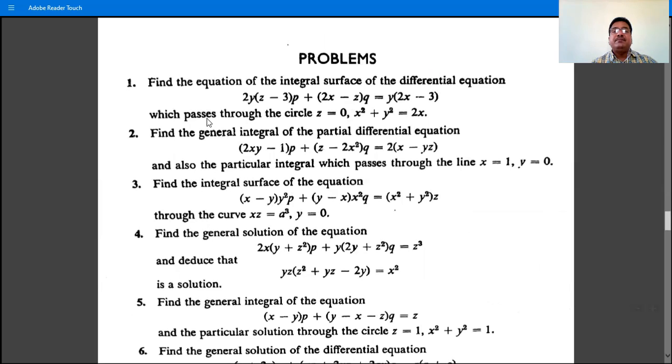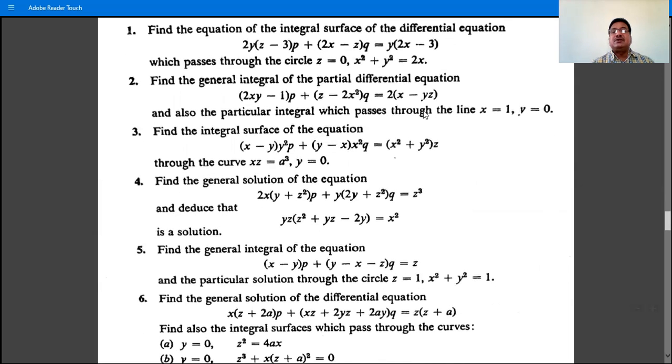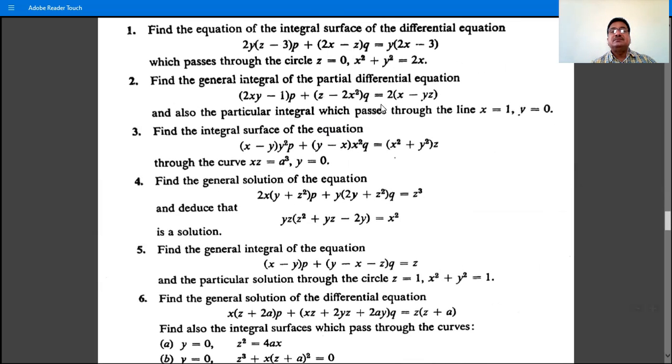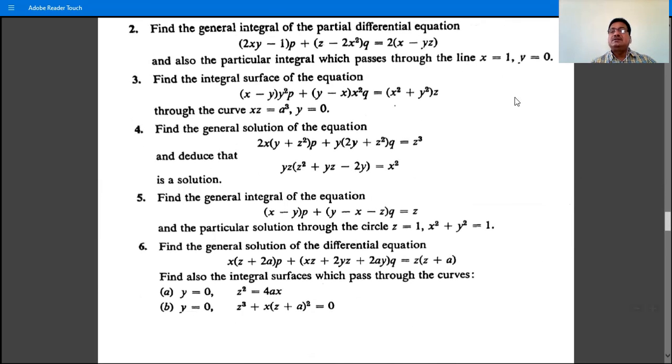Same type of problem: find the integral surface of this quasi linear differential equation passing through the circle z is equal to 0 and x square plus y square is equal to 2x. Some problems out of these were already solved in previous lectures. Again, the integral surface passing through the line x is equal to 1, y is equal to 0, and then x into z is equal to a cube and y is 0.